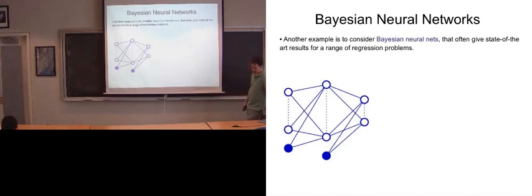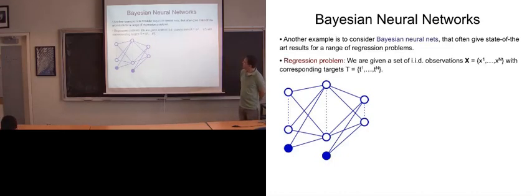I think they were introduced back in the 90s, and Radford Neal, who's a faculty here, was working on these models. Surprisingly, these Bayesian neural nets work surprisingly well on a lot of different problems. Scalability becomes an issue in these models, but nonetheless, I know in computational biology people are using them, and they have become state of the art.